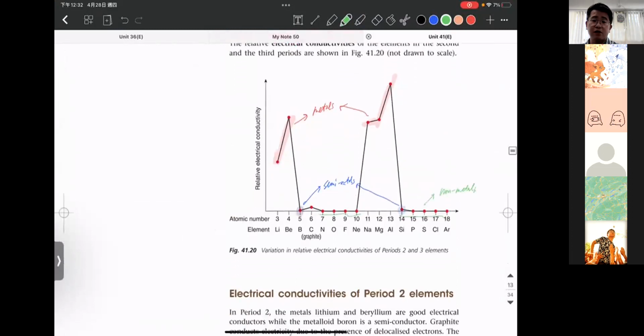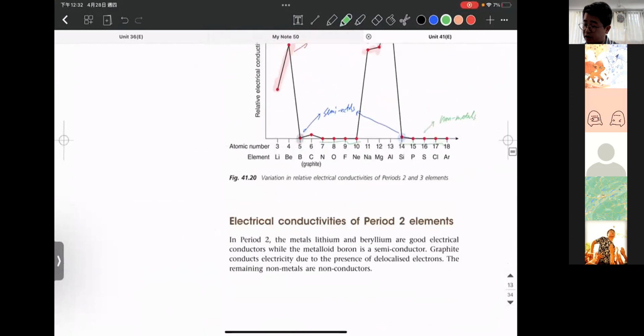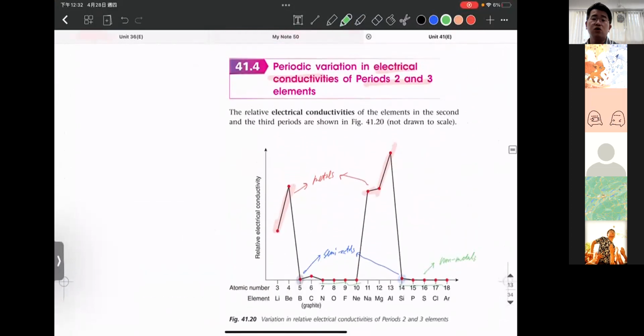Okay, we start from this. The conductivity of a substance will relate to any mobile charged particles, right? Mobile charged particles. In this sense, the mobile charged particles we mention are the delocalized electrons, but not mobile ions. There are no mobile ions in all these elements in the periodic table.